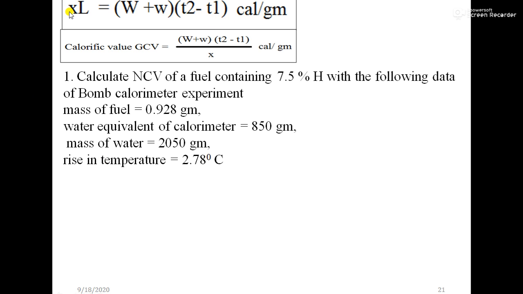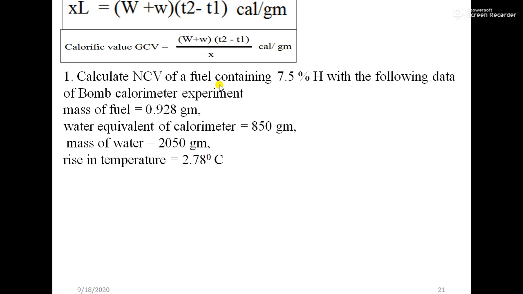You can see X is multiplied here, so if it goes to the other side, it will be divided. Therefore the formula becomes: calorific value, that is GCV, is equal to (W plus omega)(T2 minus T1) upon X calorie per gram. So that is your final formula, and you can see the numerical.